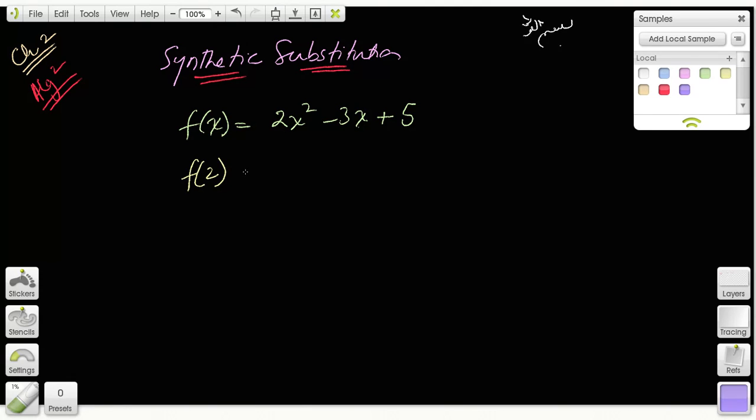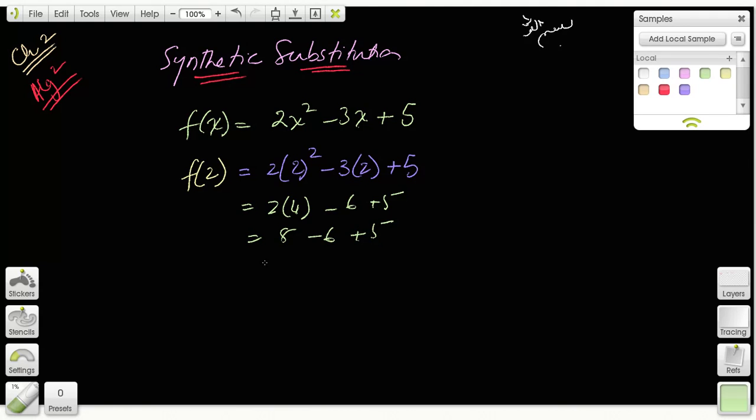That means what's the value of the function when you substitute 2 for x? So it's 2 times 2 squared minus 3 times 2 plus 5. That's going to be 2 times 4 minus 6 plus 5. That's 8 minus 6 plus 5. That's 2 plus 5, and that is 7. I hope I did that right. So we can say that f of 2 is equal to 7.